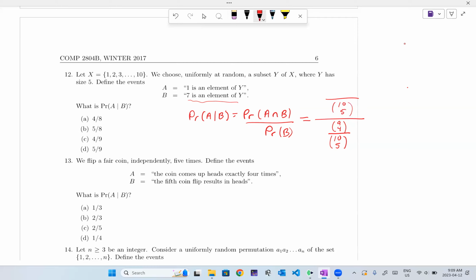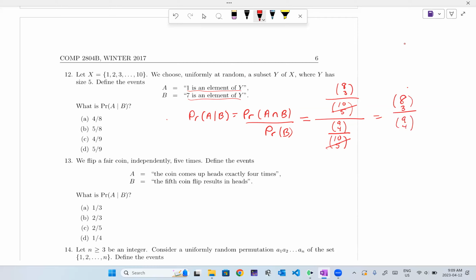Again, though, these are going to cancel out. But now we want the size of A intersect B. Well, it's the same essential process, except now I'm selecting 1 and 7. So 1 and 7 are in my set of 5. I need 3 more numbers, and I have 8 numbers left to choose from. So this will be 8 choose 3. So this would be 8 choose 3 over 9 choose 4.